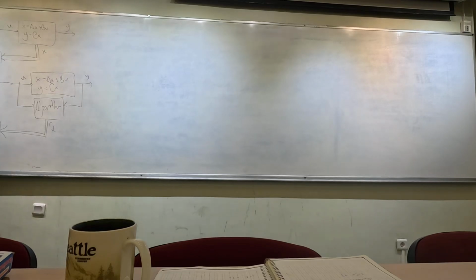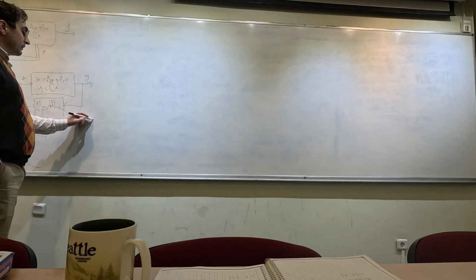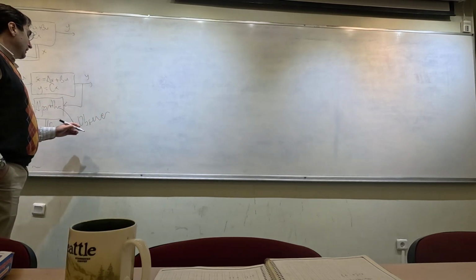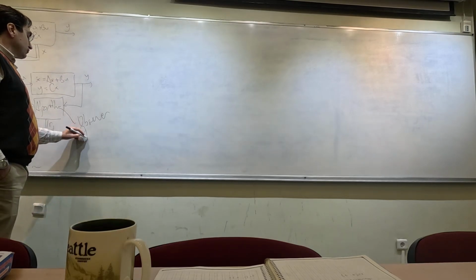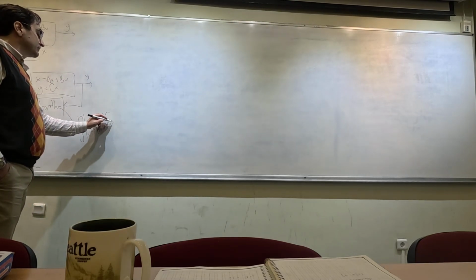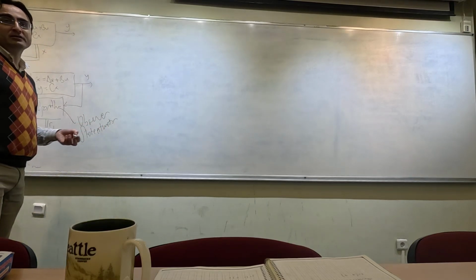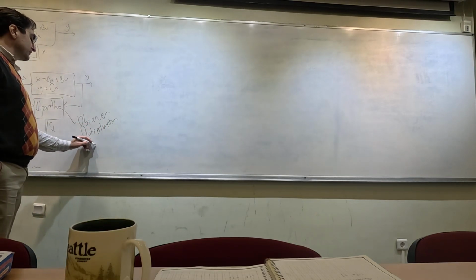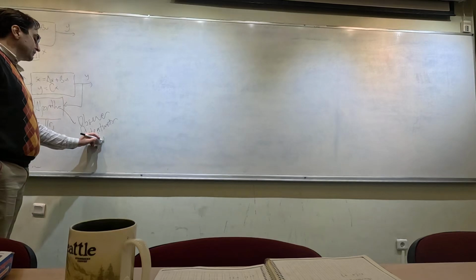So we can try to apply state feedback by using this computer algorithm. Such an algorithm is called an observer in control theory. Sometimes it is called a state estimator. And there is another name: in signal processing, it is called a filter.